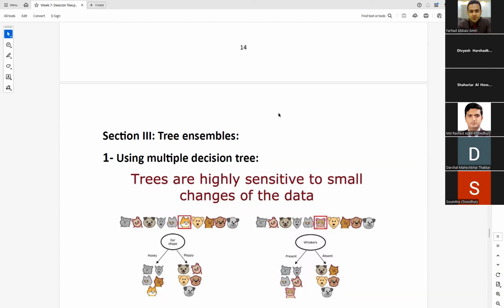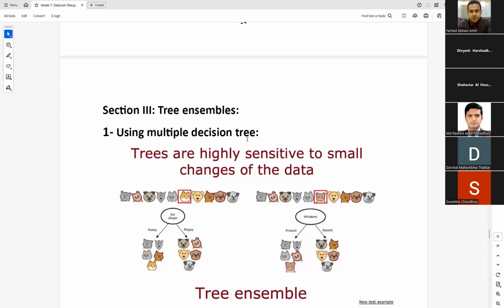For example, from 10 decision trees, 8 of them say that the image is a cat, and 2 of them say the image is a dog. So you say, okay, the majority say the image is a cat, so my final decision is cat. You vote on them. So this is a tree ensemble using multiple decision trees.